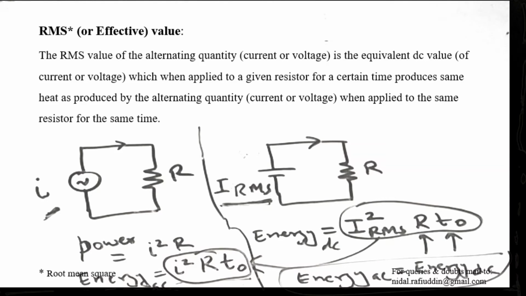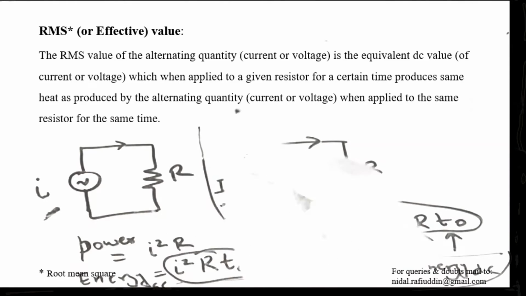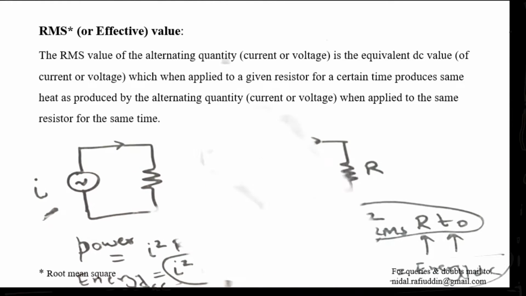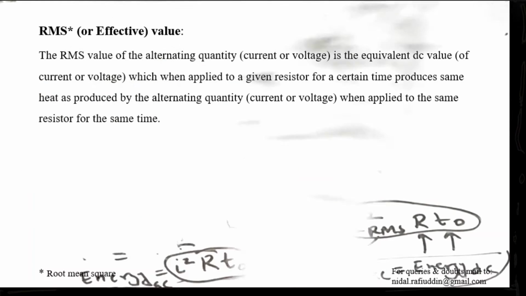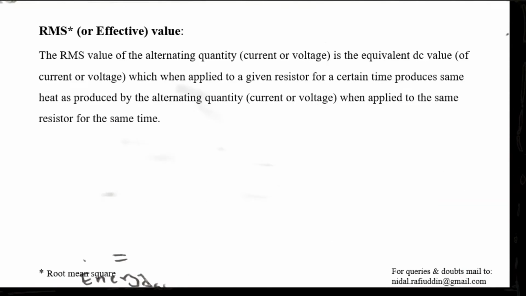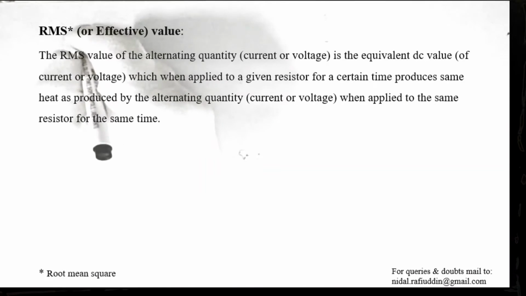So this can easily be proved. So we can obtain the expression for the RMS value. So let us say we have an AC source and that portrays a sinusoidal quantity as shown here.